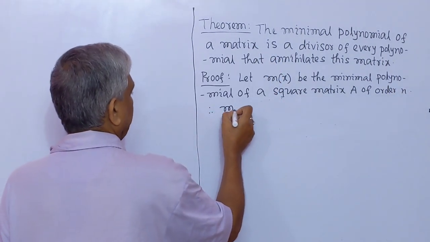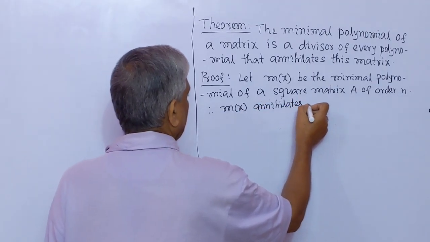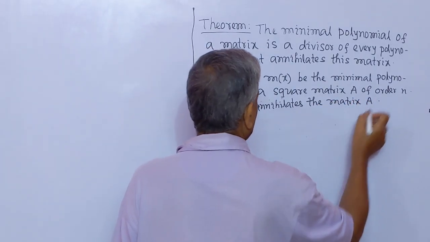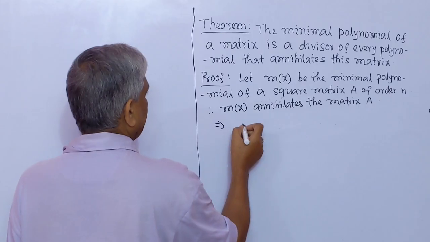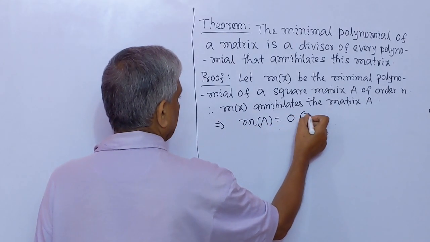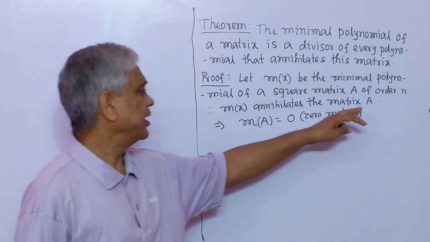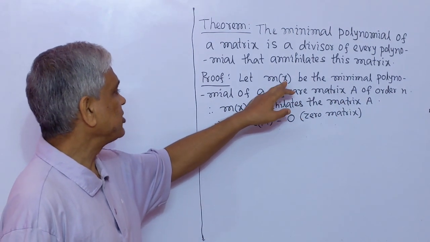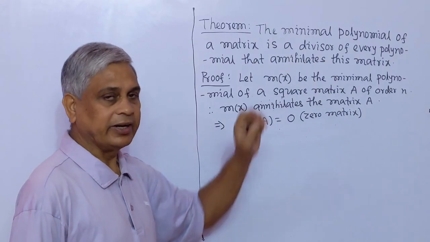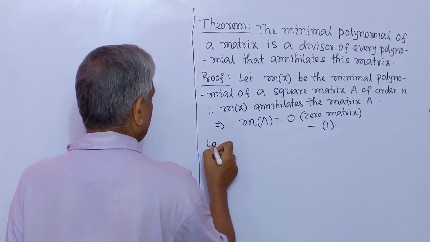Therefore, m(x) annihilates the matrix A, implies that m(A) equal to 0 matrix. Annihilates matrix A means if we replace x by A, then we get a 0 matrix. This is number 1.